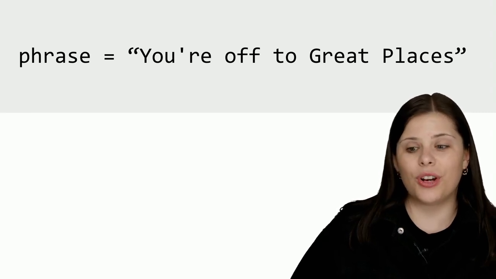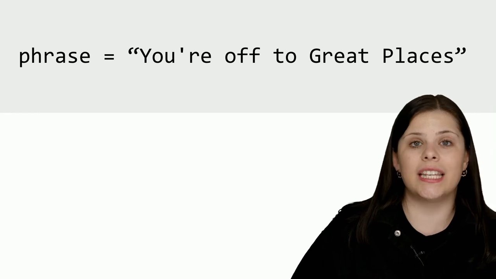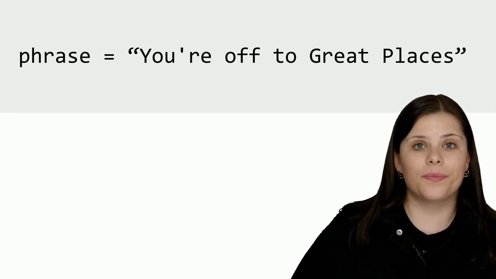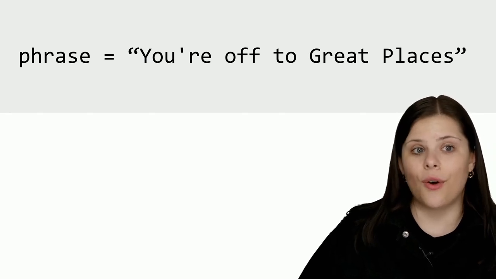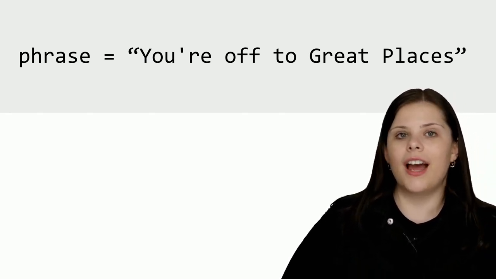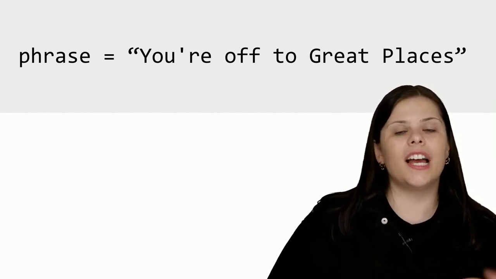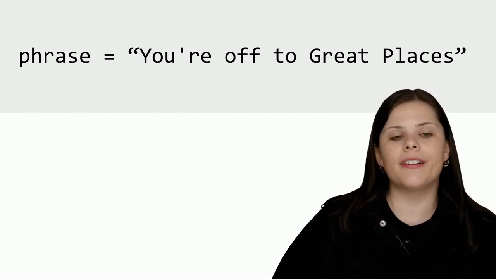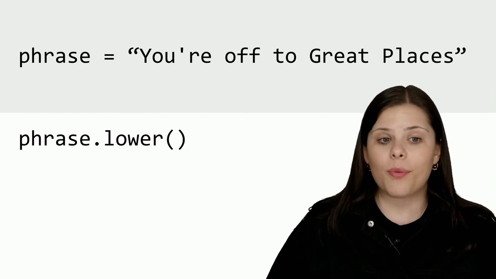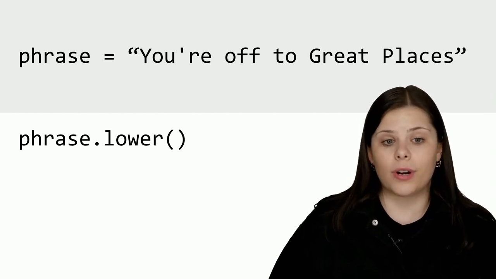Well, recall that strings are just a list of characters, right? While they're not necessarily lists, and they have different methods than lists, it is still an object, so we can do different operations with it. One of its operations is lower.